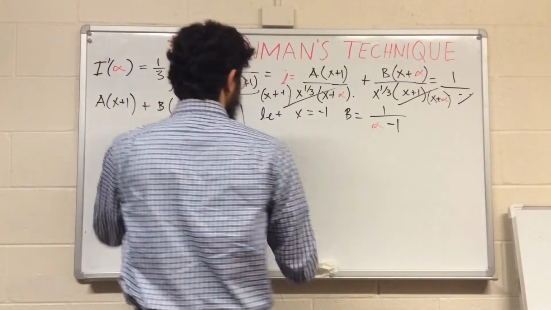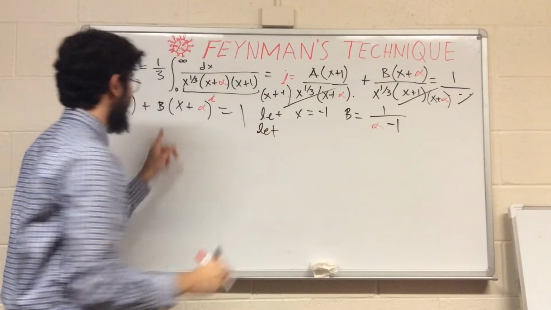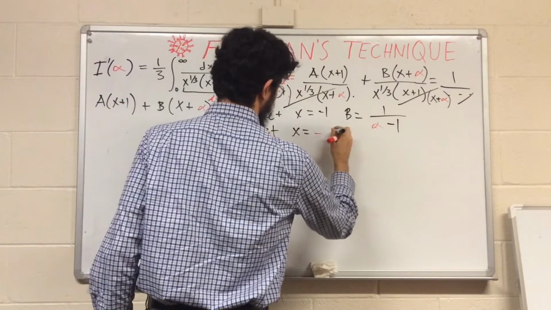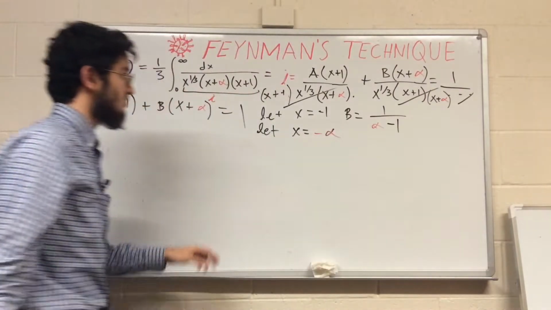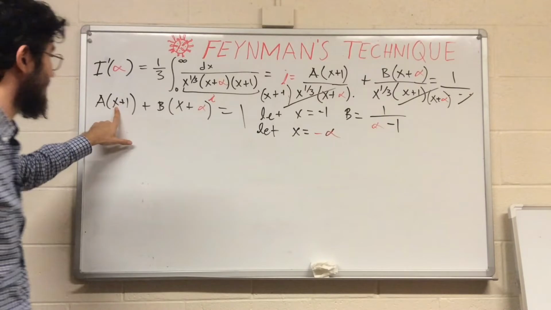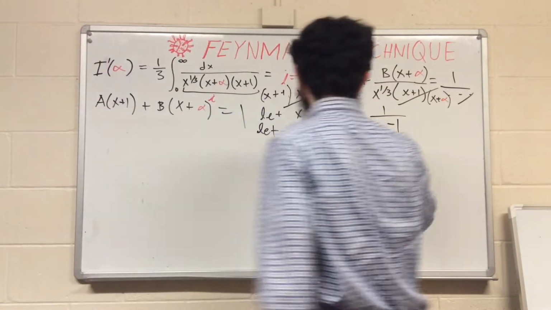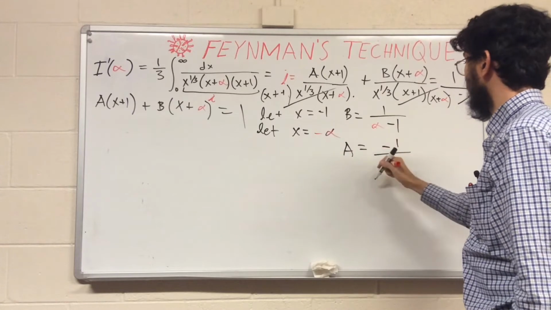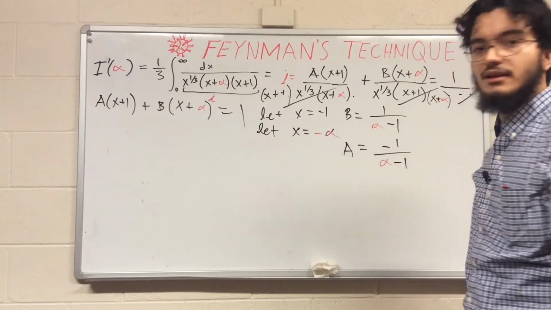And now we can also let x equal to -alpha. So if x equals -alpha, what's going to happen is that this term goes to 0, and so if we put -alpha over here, we know that a is going to be -1 divided by alpha minus 1, okay?